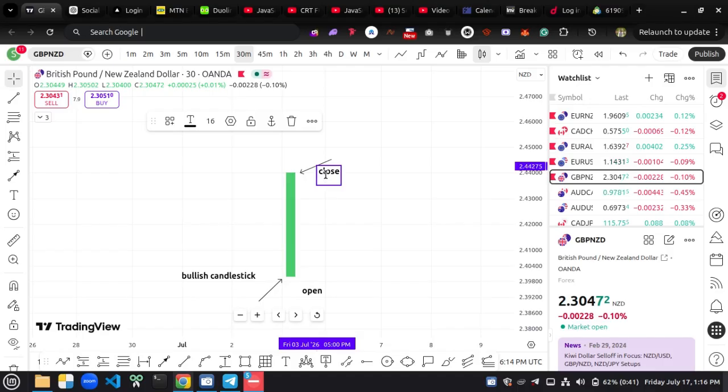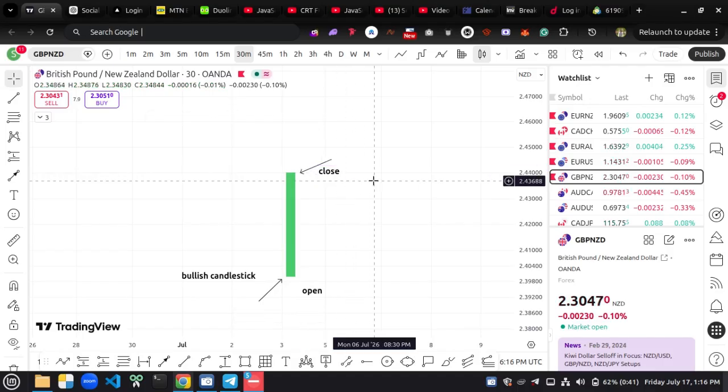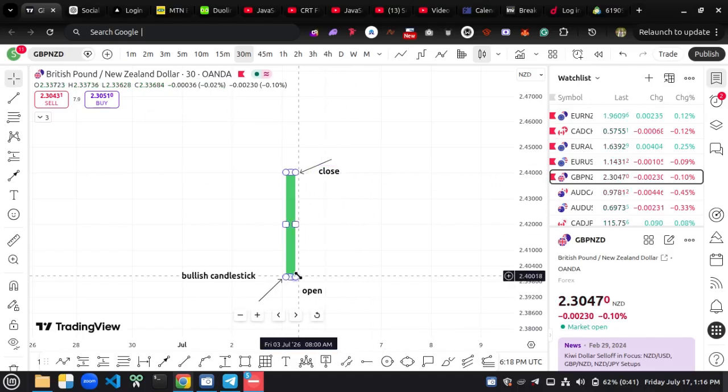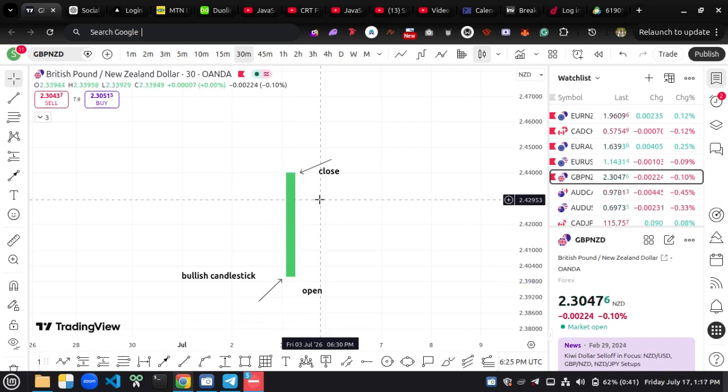Now, the moment the candle opens at this point, for me to identify that it is a bullish candle, it has to close at this point. So I think that's clear about the bullish candle.